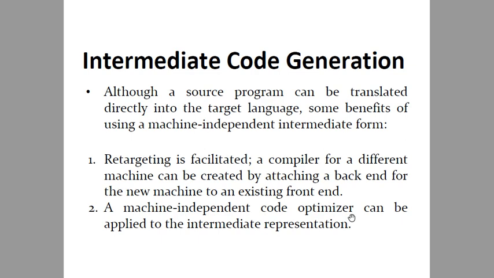The code optimizer takes the intermediate code as input and optimizes it. First, the C program, or the source program, is supplied to the compiler. The compiler translates that C program into intermediate code, and the intermediate code is optimized by the code optimizer in the next phase.